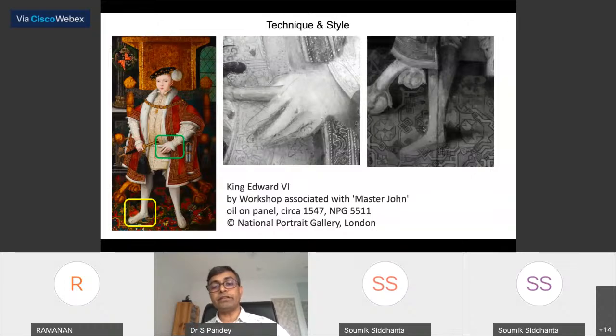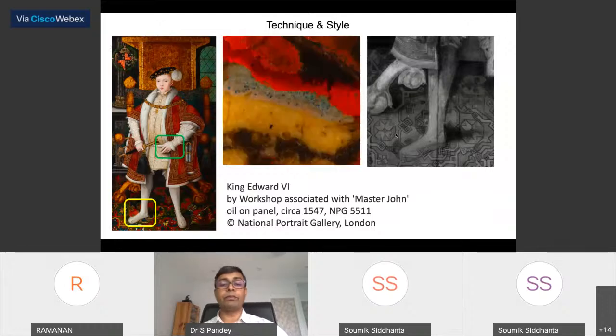But then he changed his idea, shifted the left leg a little right over the carpet, and then painted again. So if you remove the foot here, you will see the carpet is painted underneath, now hidden. So this is very good information about the technique of a painting, how it was created. And it also forms a very important fingerprint.